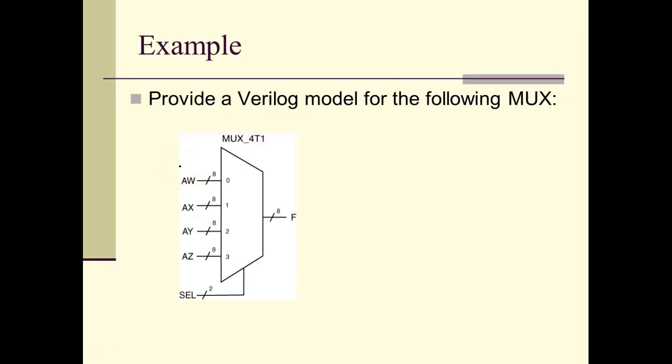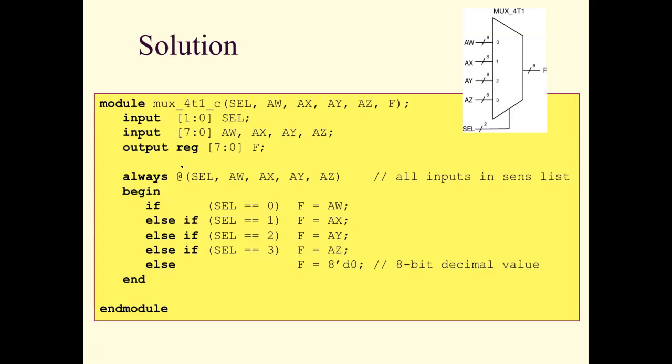This is another example here. It's very similar to our previous examples, but we now are using buses on the inputs. So let's look at this solution here. Very much the same thing. Inputs before were declared as a bus. Now I've got them declared as 4 different 8-bit bundles.